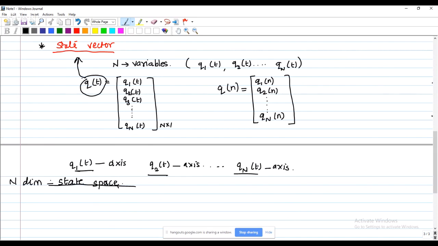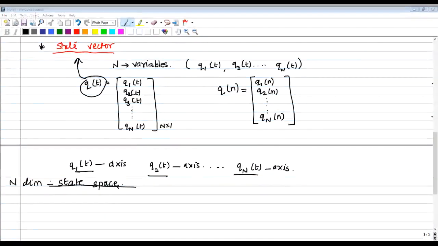How many people have understood this concept? Please reply on the chat. Everyone, please reply fast so that we can move ahead.